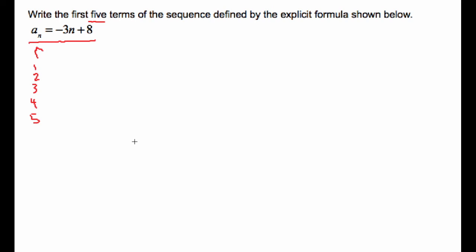And we'll find the corresponding first, second, third, fourth, and fifth term, respectively. So let's begin. When n is equal to 1, this will enable us to find a sub 1, which is our first term. We'll take negative 3 times that same 1 plus 8. And that's negative 3 plus 8, which is 5.